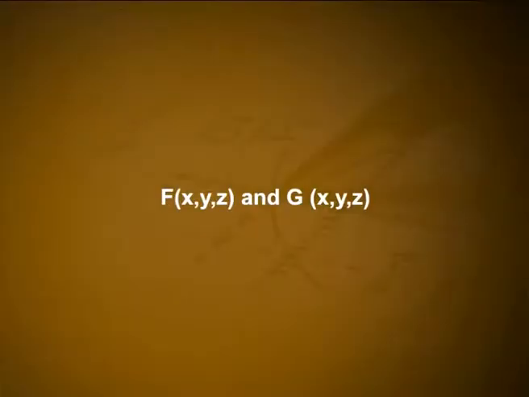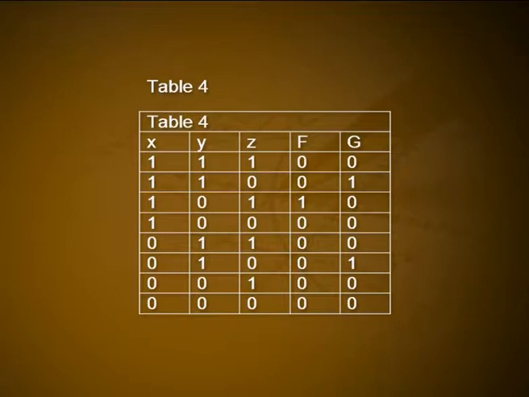Find the Boolean expressions that represent the functions f of xyz and g of xyz, which are given in table 4. You can see in table 4 different values of xyz and corresponding values of the functions f and g. For example, when x equals 1, y equals 1 and z equals 1, the corresponding values of f and g are 0 and 0 respectively.